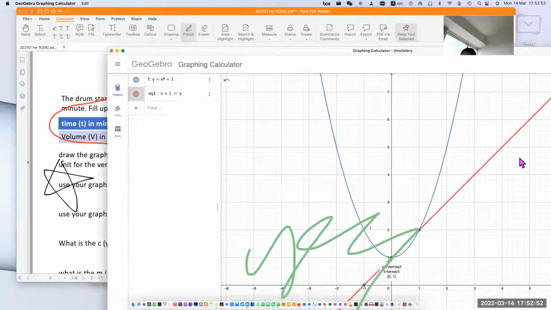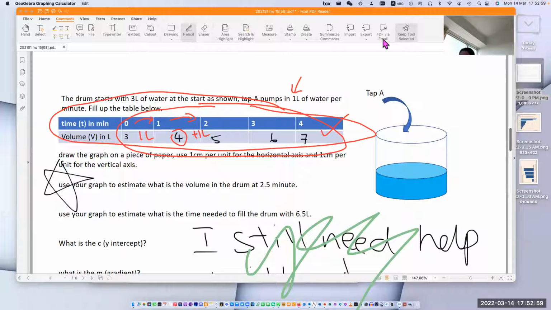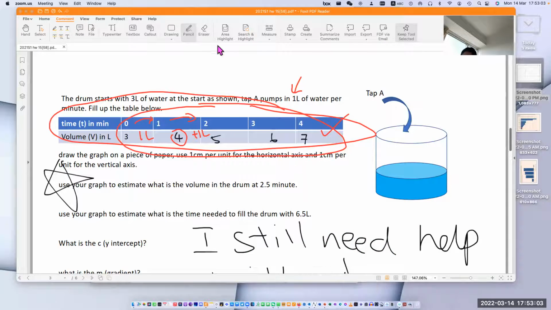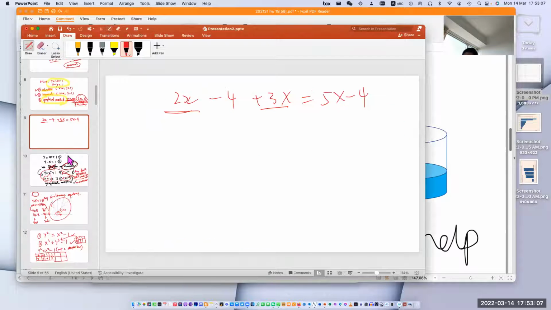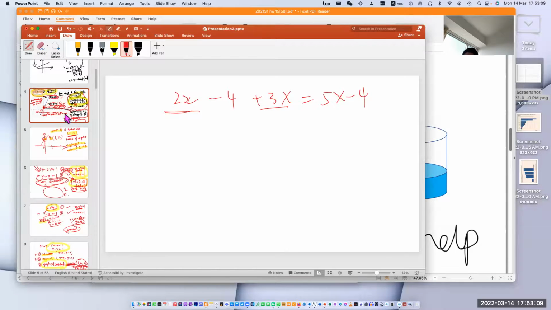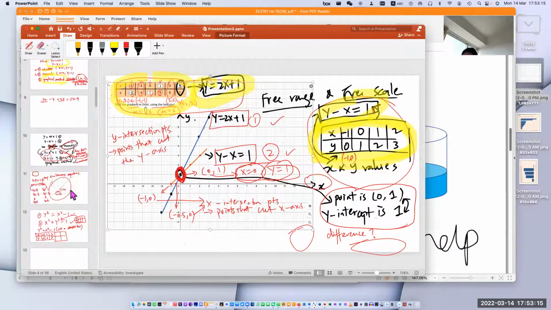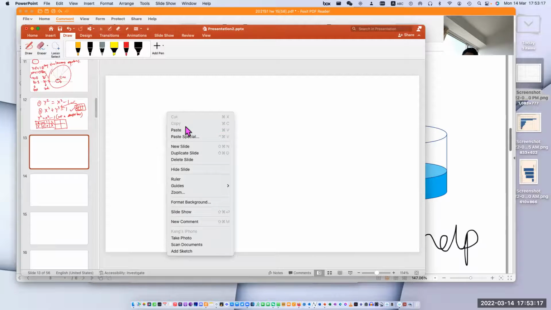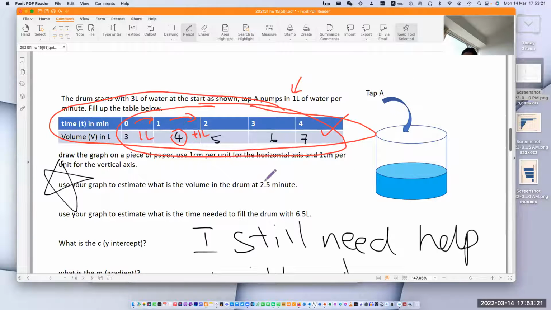Okay, so once again, I make use of the graph I have just now. Okay, it's here. Copy, paste. Good. So I need this table.